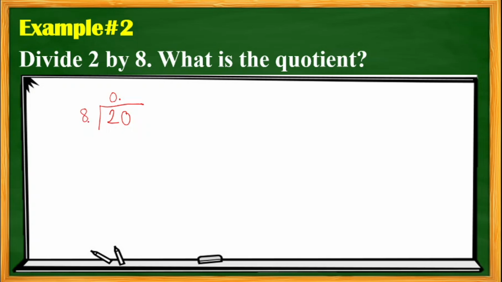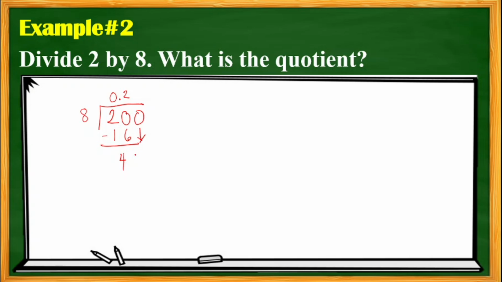So 20 divided by 8 is what? It is 2. 2 multiplied by 8, the answer is 16. So subtract, we have 20 minus 16, the answer is 4. And then we're going to add 0 again.